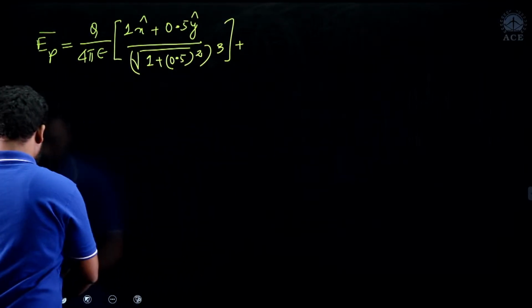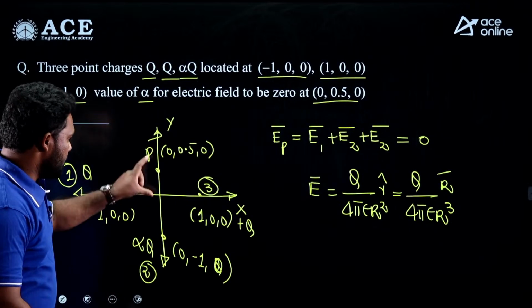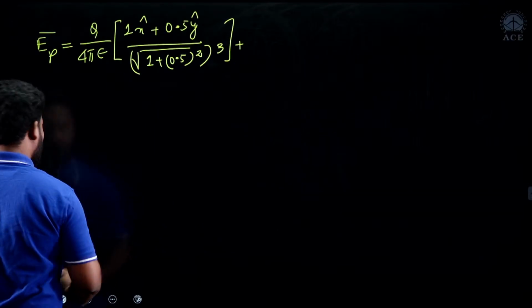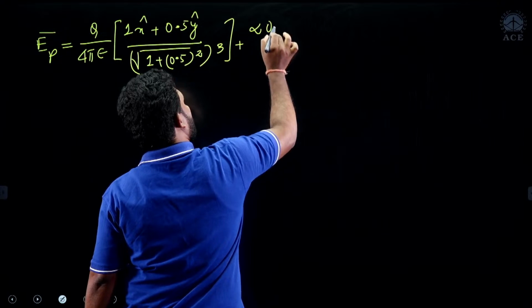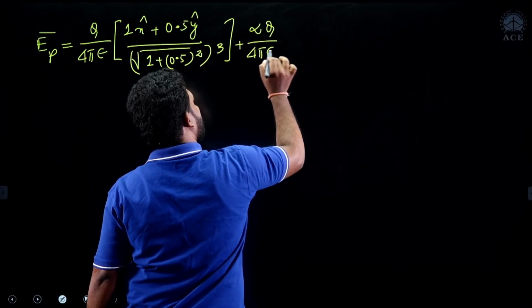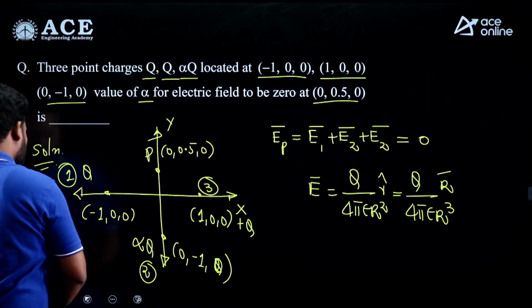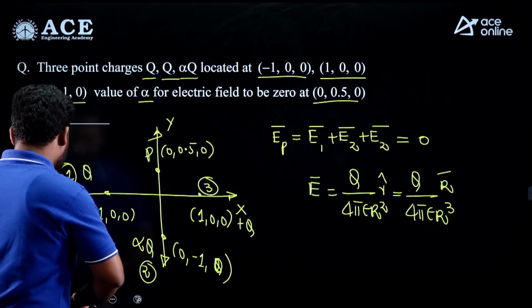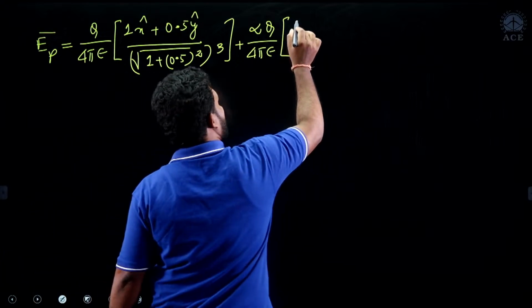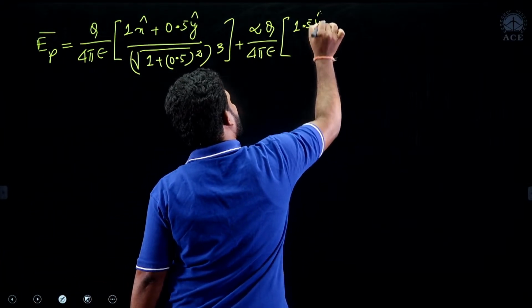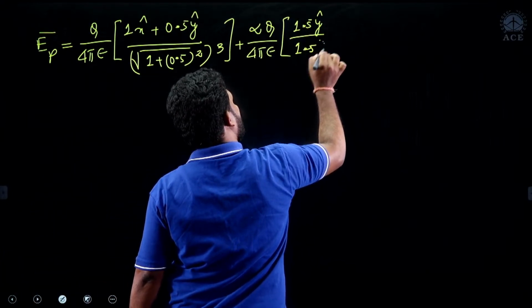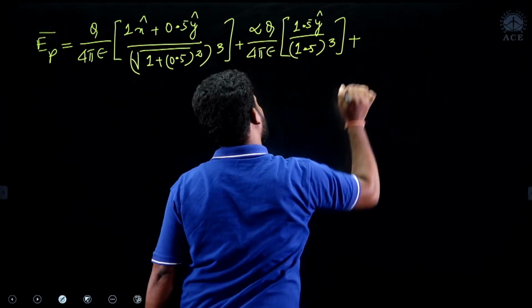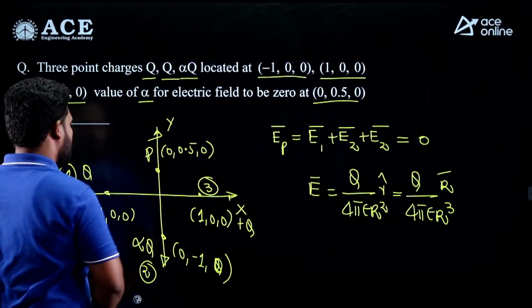Plus there is one more term between these two, so it is alpha Q divided by 4 pi epsilon into the vector divided by its magnitude cubed. What is the vector? 0 minus 0, and 0.5 minus of minus 1, it is 1.5. So it is 1.5 j cap divided by the magnitude, 1.5 whole cube.